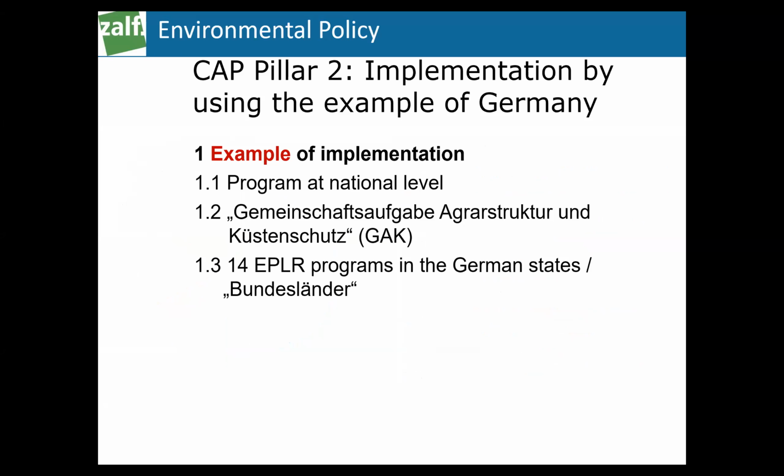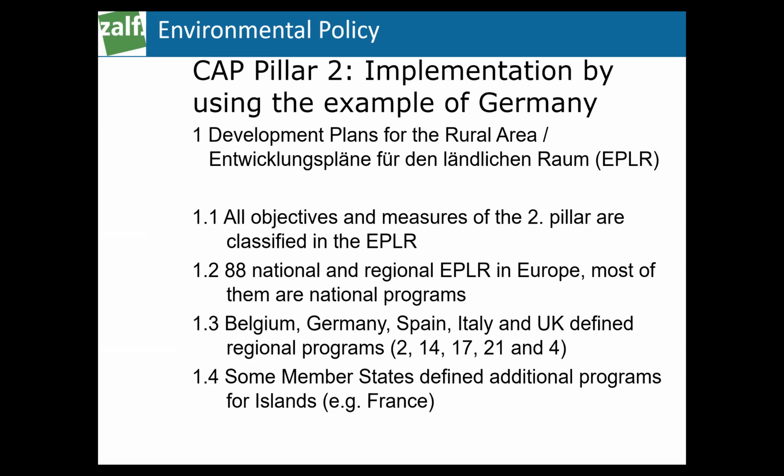The priority areas at EU level match with the implementation, using the example of Germany, how it's called the EPLR programs, designed at a member state level. That is matching EU level with a national level and then going down to the state level. We will have a look at those.